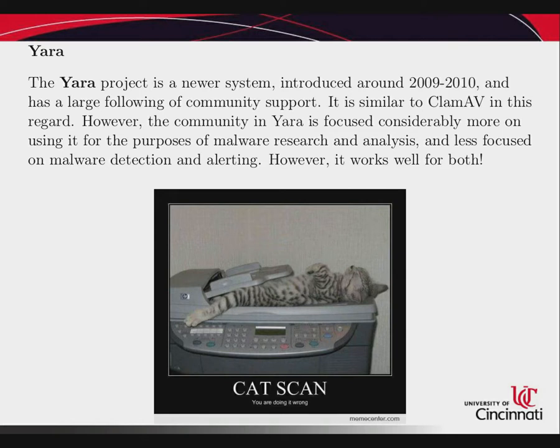Those limitations end up lending themselves to ClamAV being a very efficient, very fast scanning tool, but they do limit what you can do with it. So they limit the amount of complexity that you can encode in a rule set. However, it is pretty powerful, and in my opinion, Yara works extremely well both for malware research and analysis, as well as malware detection and alerting.